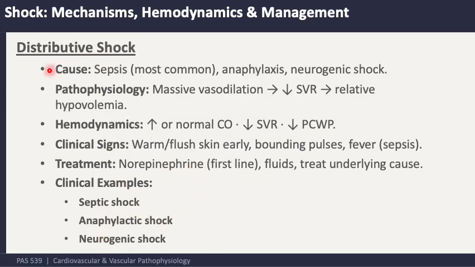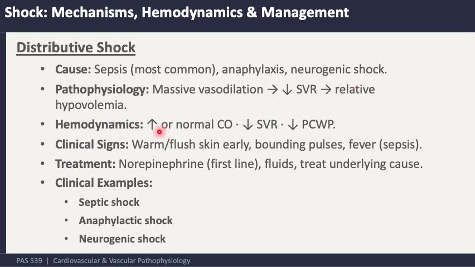Next, we're going to talk about distributive shock. This is usually due to sepsis. It can also be due to anaphylaxis or some form of neurogenic shock. You have massive vasodilation, which will cause decreased systemic vascular resistance, and that's how you get a relative hypovolemia.